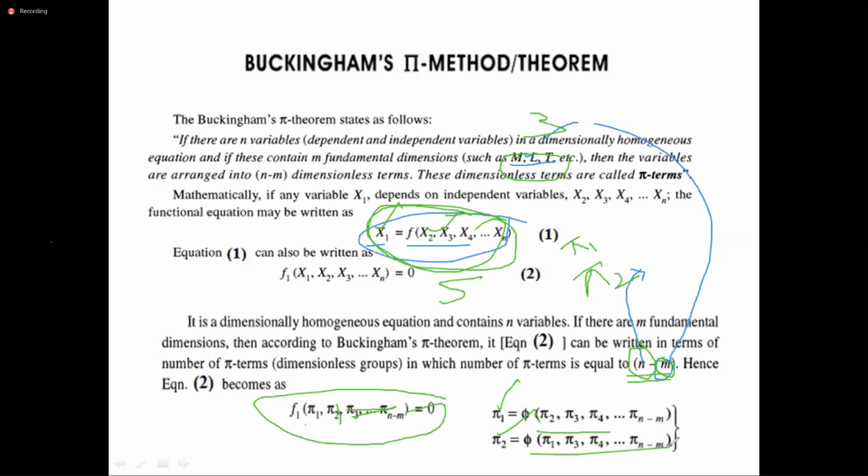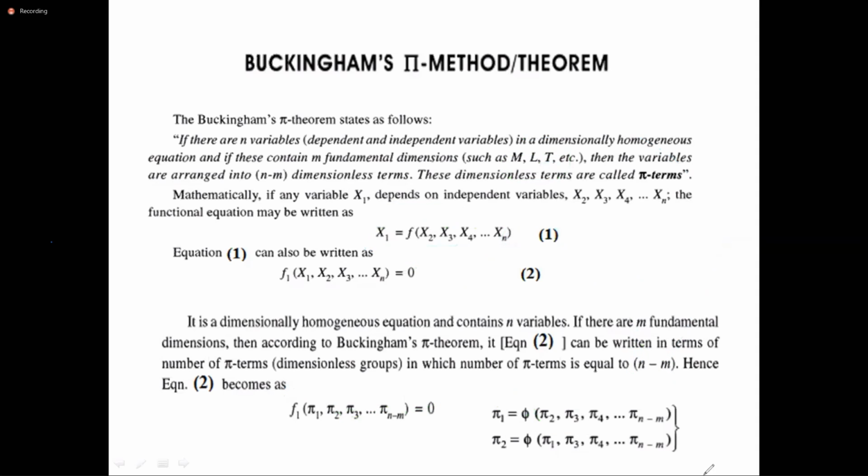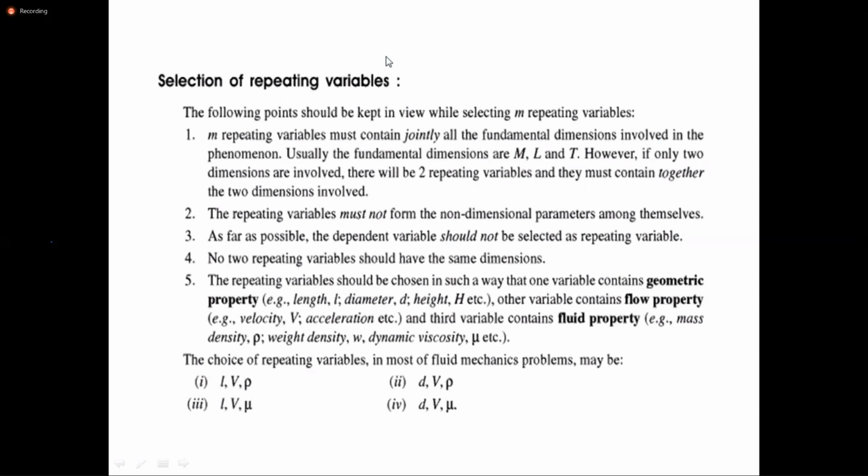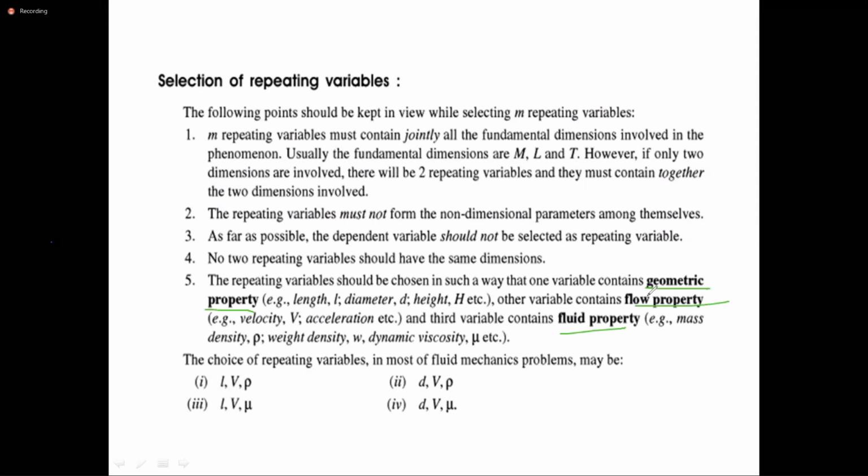In addition to that, there is another thing called property selection. There are 3 types of properties, if it is a normal problem, not a temperature problem: geometric property, flow property, fluid property, and another one is the temperature based property.